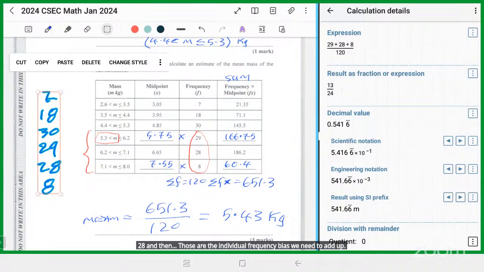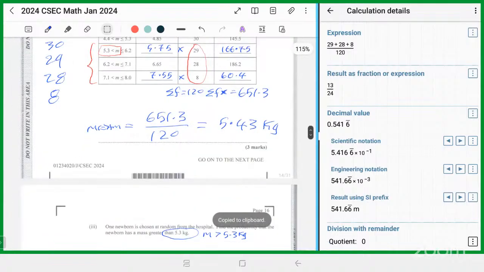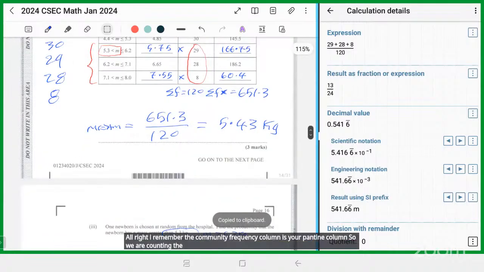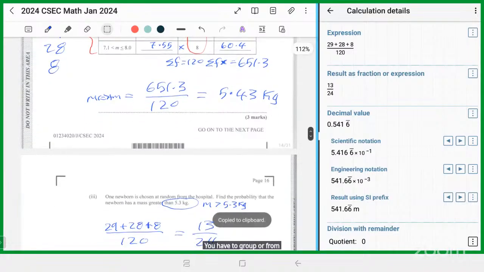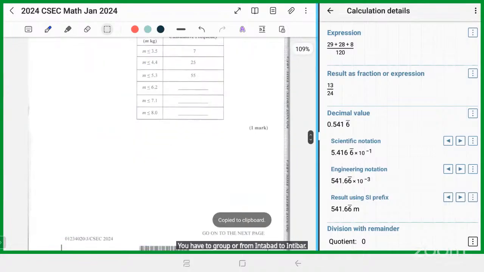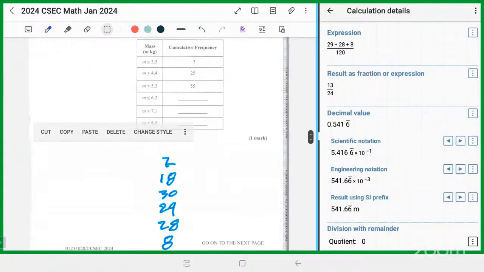Remember, the cumulative frequency column is your counting column. We are counting the number of babies as a group, from interval to interval. So if you notice, we started with the 7.